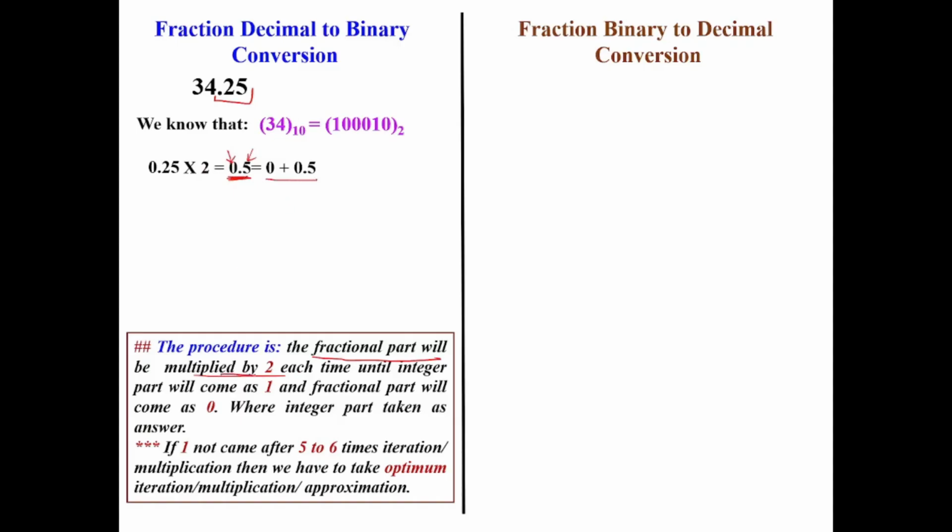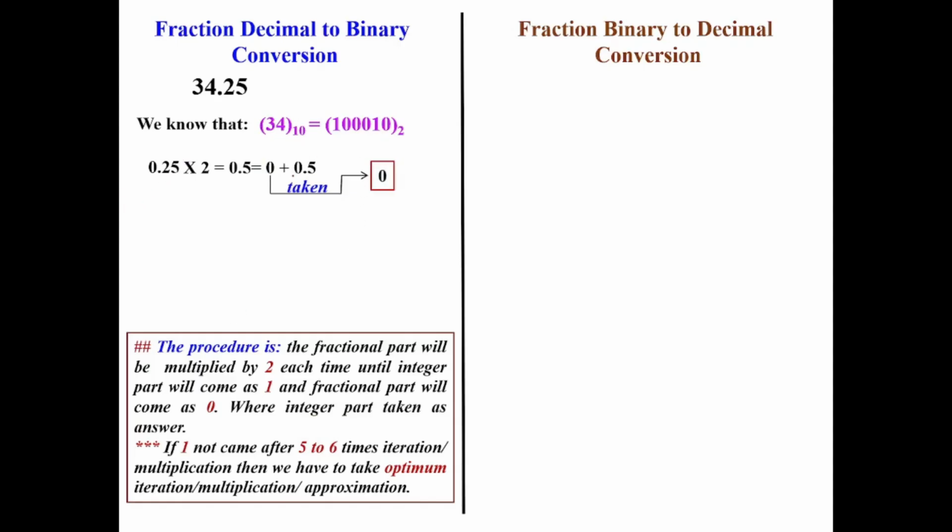We multiply by 2 each time until the integer part becomes 1 and the fractional part becomes 0. Here we found integer part 0 and fractional part 0.5, which means we have not yet got the answer. The integer part is taken as the answer, so for this step the answer is 0. We take this 0 separately over here as the answer for this multiplication.